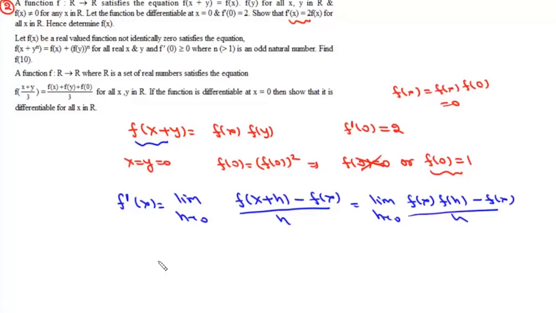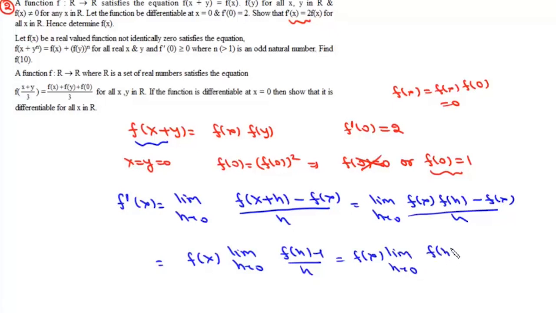Now we'll take this f x common outside the limit. So it will be the limit h tends to 0 of f h minus 1 upon h. Now we can also write this as f x and then the limit h tends to 0 of f h minus, and we can write this 1 as f 0. So it will be f h minus f 0 upon h, which is nothing but f dash 0.